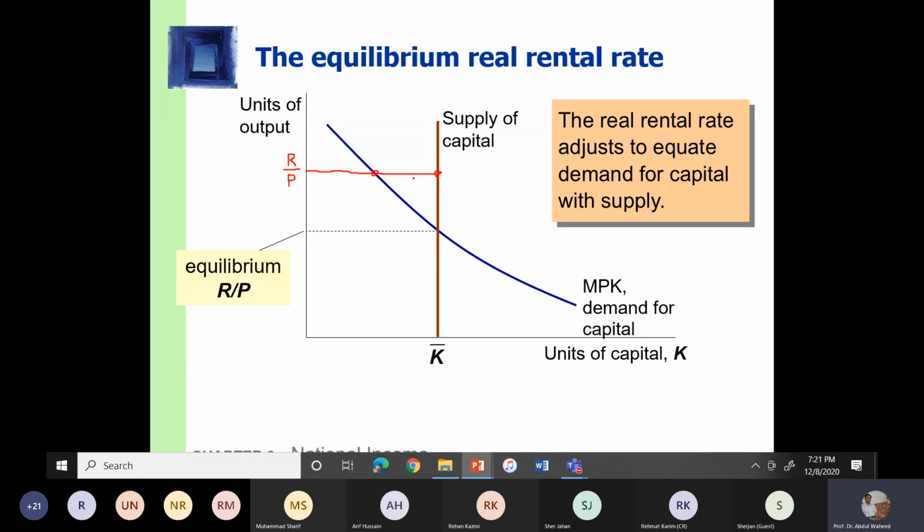So this means there is excess supply of capital in the capital market.